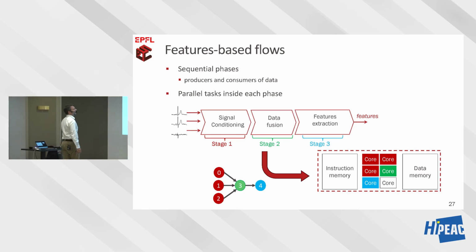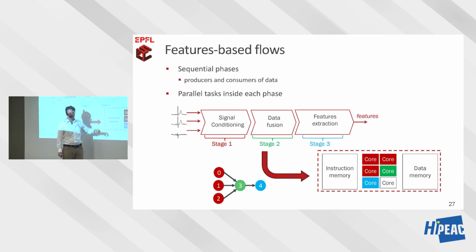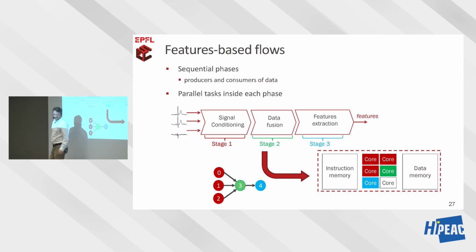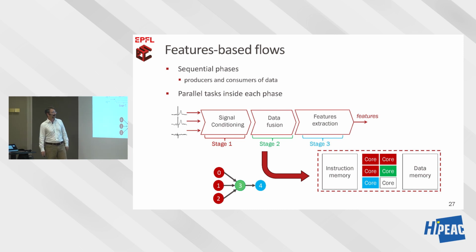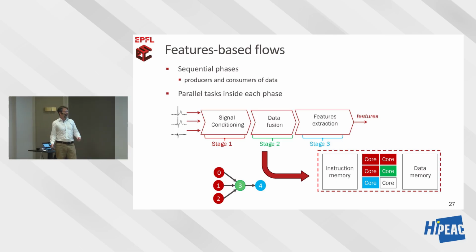And this goes to the next stage of complicating things, and here I'm addressing a fully feature-based flow in which we have synchronous conditioning, data fusion, and feature extraction. This part looks exactly like what we have covered already, but there is also another part, which is client-provider relationships, in which there is a core which provides data to another core.